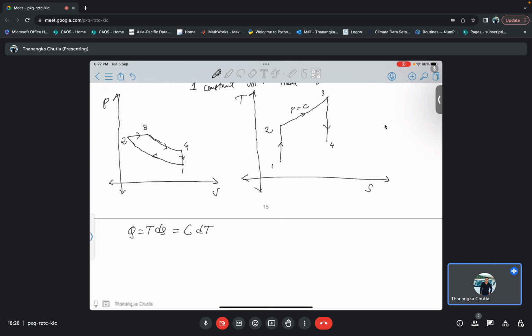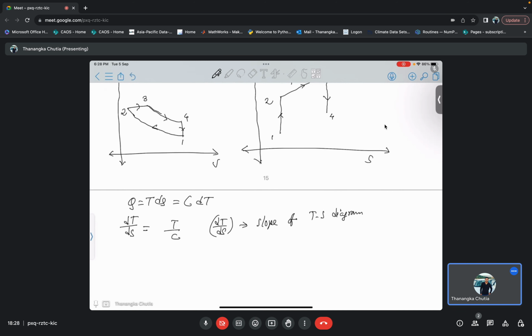So that means I can write dt by ds is equals to T by C. Now remember dt by ds is nothing but the slope of the TS diagram, correct?